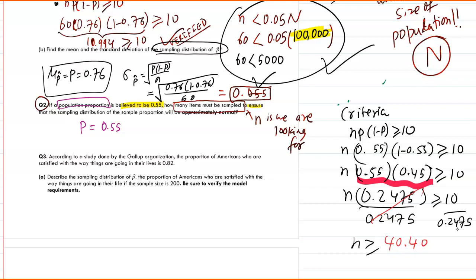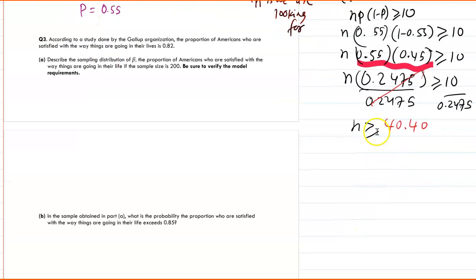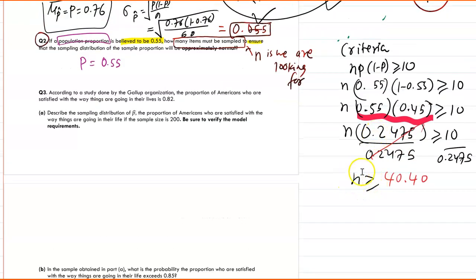That gives you 40.40 approximately. But notice that n must be a whole number, and n must be more than 40.40. That means n should be approximately 41, and you have to round up to this number.